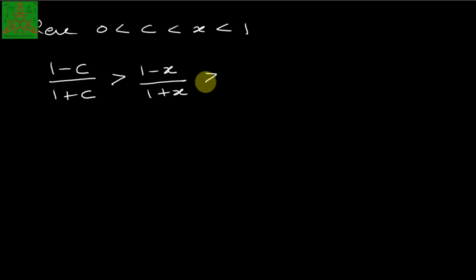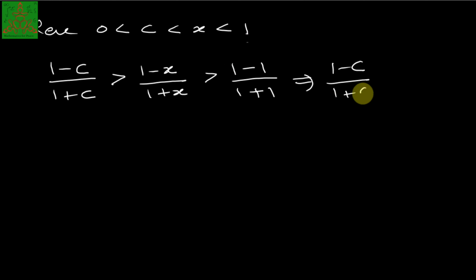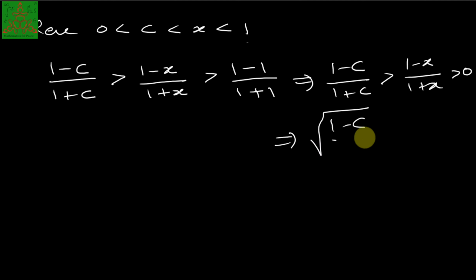And that will be greater than 1 minus 1 upon 1 plus 1, that is 0. So this will imply 1 minus c upon 1 plus c is greater than 1 minus x upon 1 plus x, which is greater than 0. So the square root of 1 minus c upon 1 plus c is greater than the square root of 1 minus x upon 1 plus x.